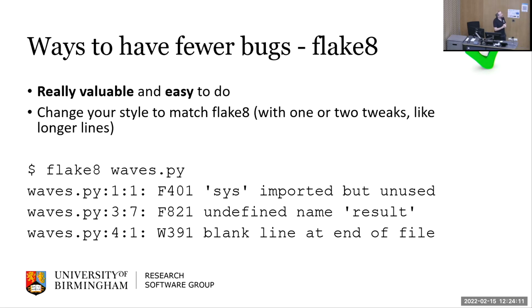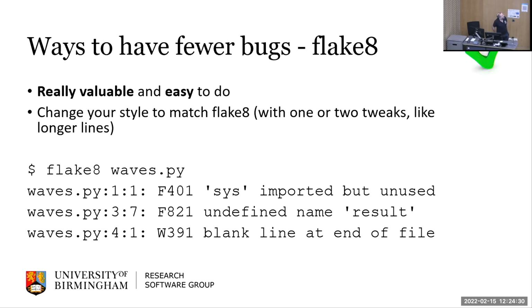Flake8 is a syntax checker, essentially. And it's really valuable if you're writing Python. You run it, and it says stuff like this. That second one, undefined name result, could be anything. It could be undefined name badger, you know, anything at all.